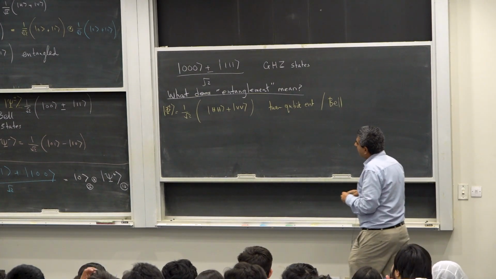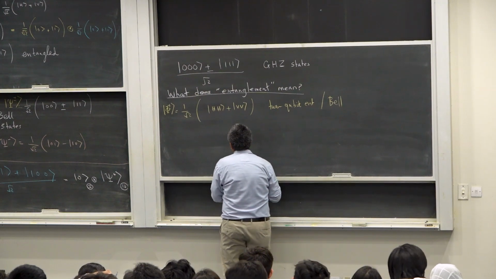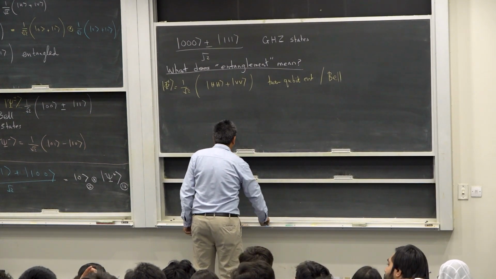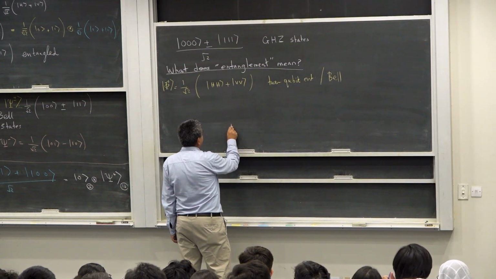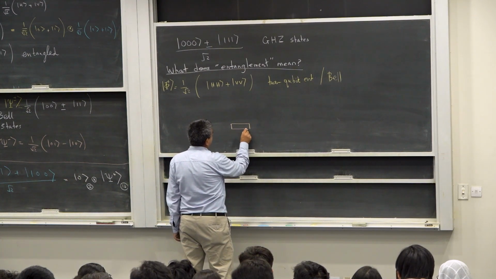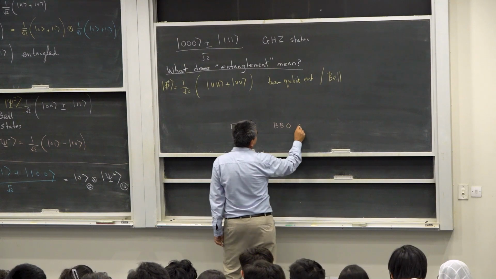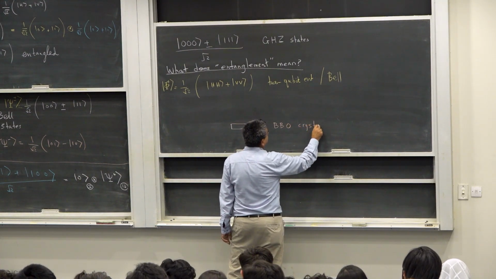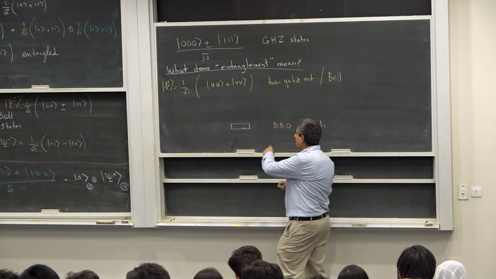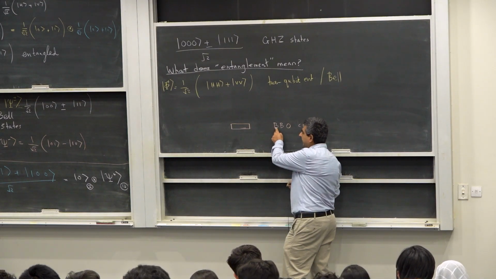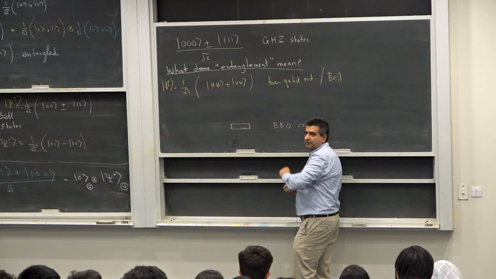So one way of creating these photons is you have these special crystals. These are BBO crystals. BBO stands for barium borate.